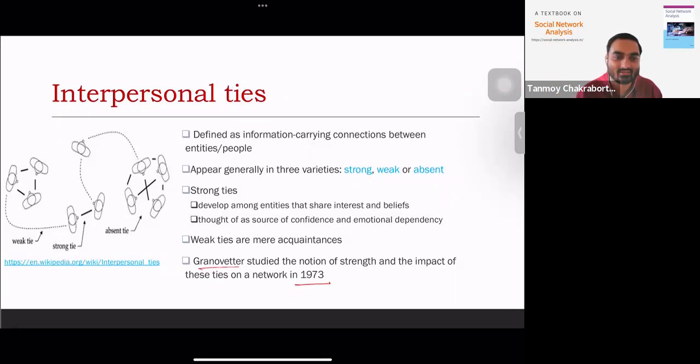And it turned out that most of them said that their weak ties, those who are not close friends, might be acquaintances but not that close, helped them a lot to get a good job, right?